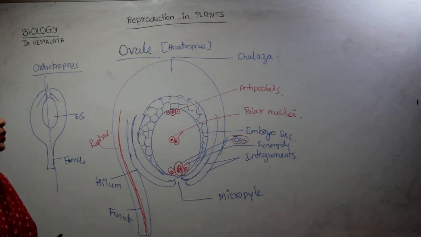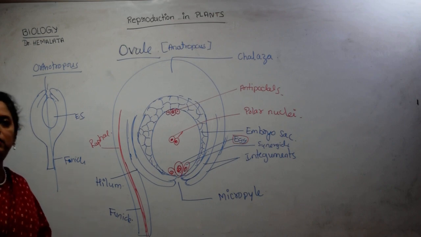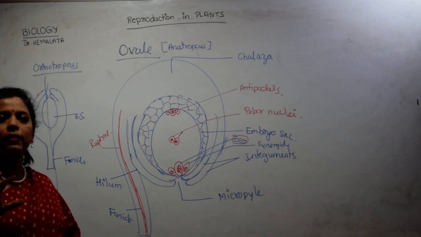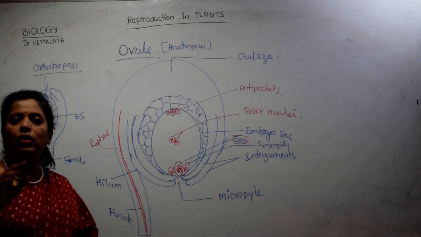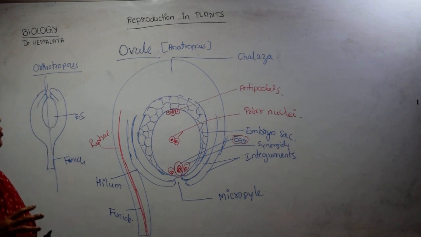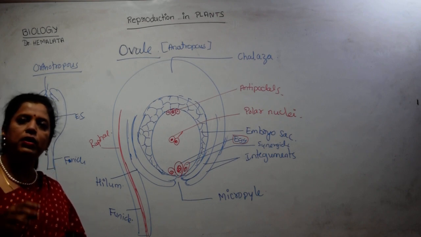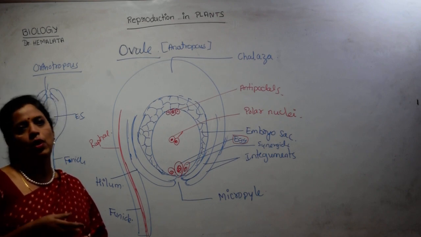So what all I told you in this: the ovule is a functional megasporangium containing a megaspore called the egg or the ova. This ovule is attached to the stalk, and the stalk is attached to the placenta for drawing the nutrients.